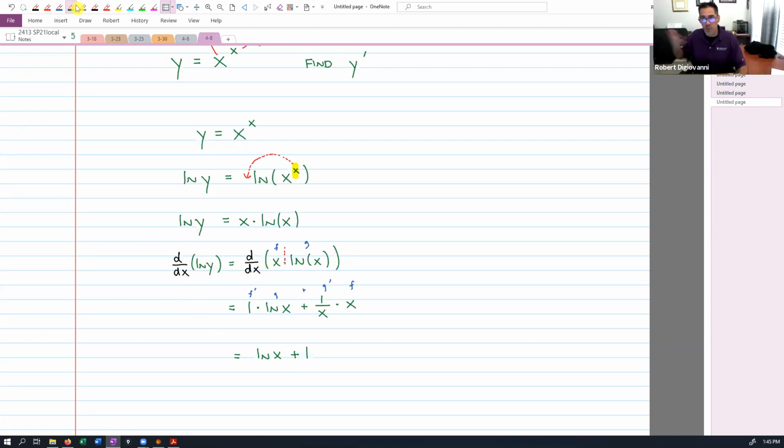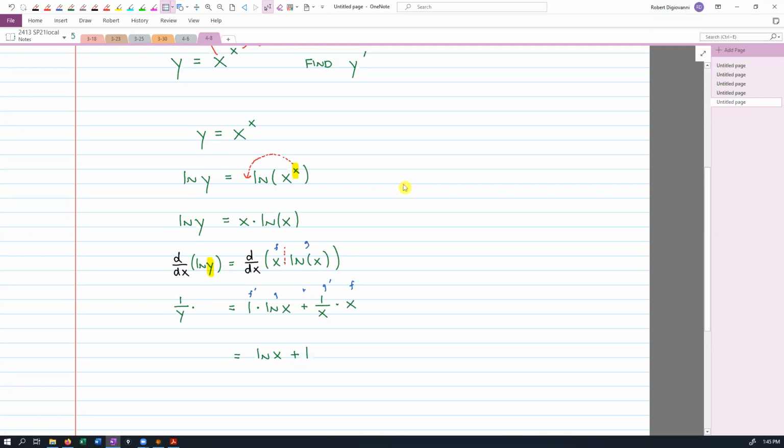So 1 over y. But then chain rule says now you must take the derivative of what was inside that log function, so the derivative of y. And what is the derivative of y with respect to x? dy over dx.